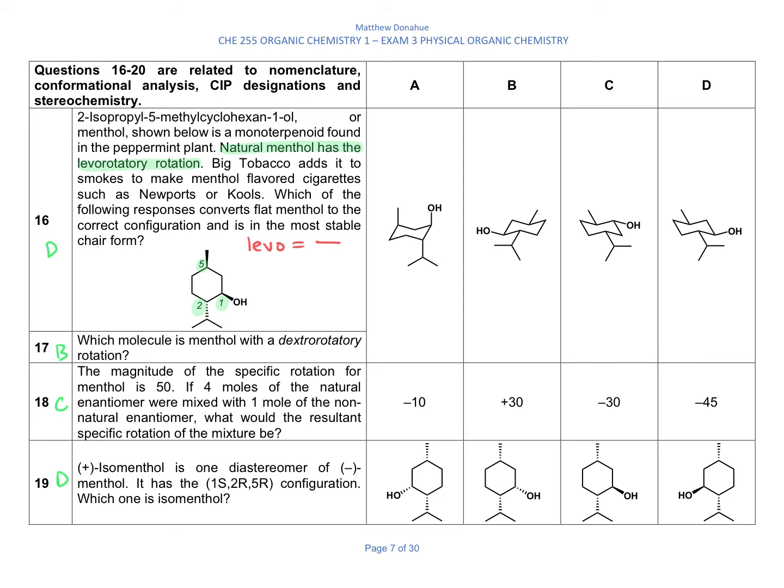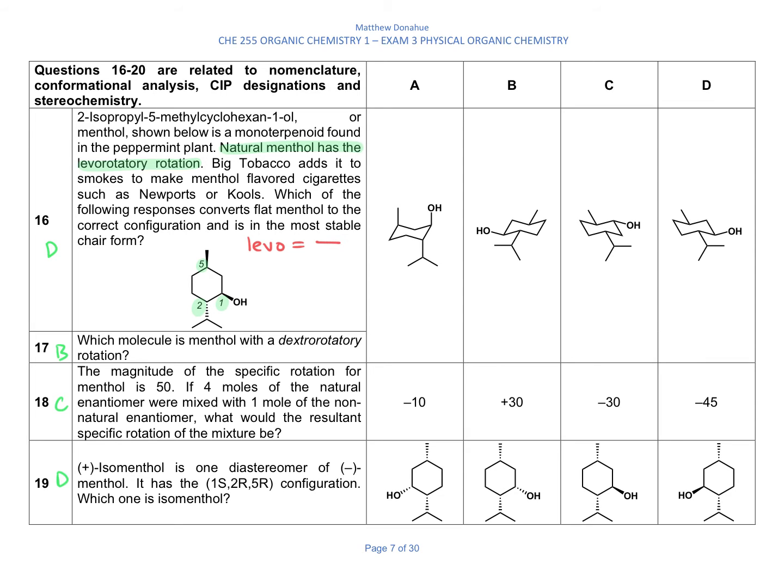And the question is asking you which one of the chair conformations is the lowest energy or most stable. With chair substituents, you want to put them equatorial as much as you can. And then really what you're looking for is that, as well as having the correct relative 1-to-5 relationships amongst those substituents.